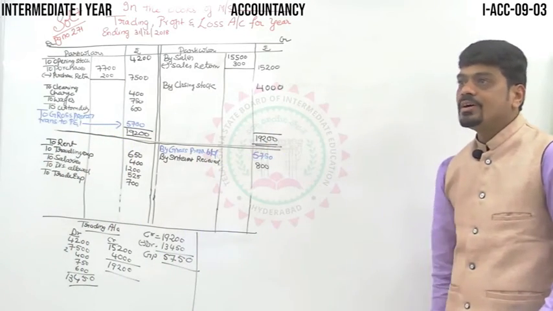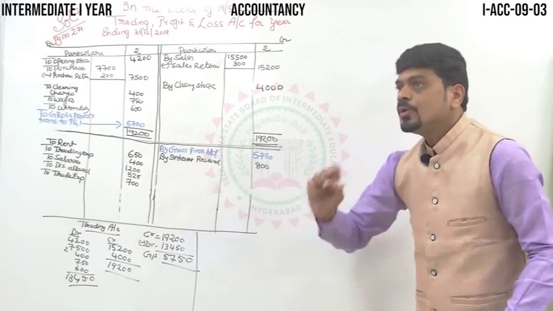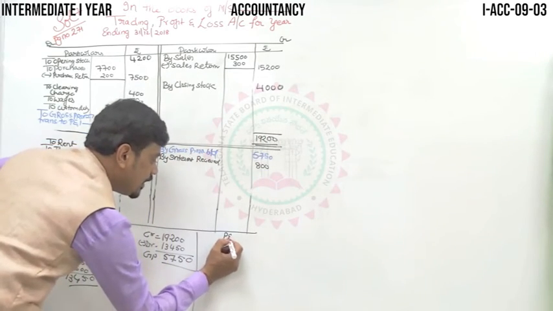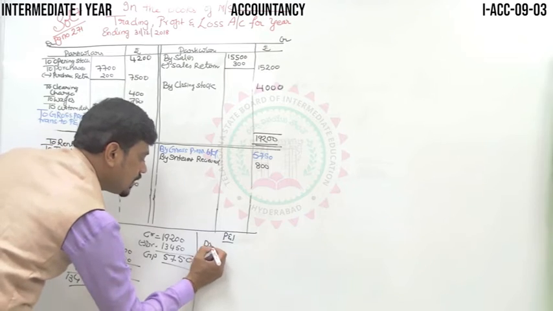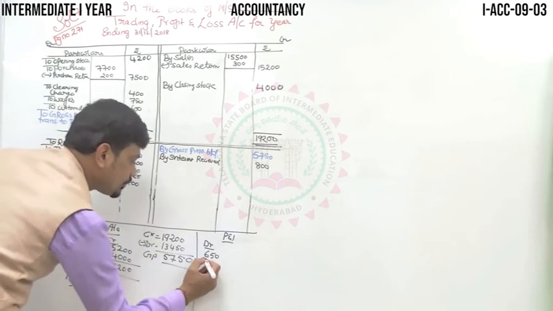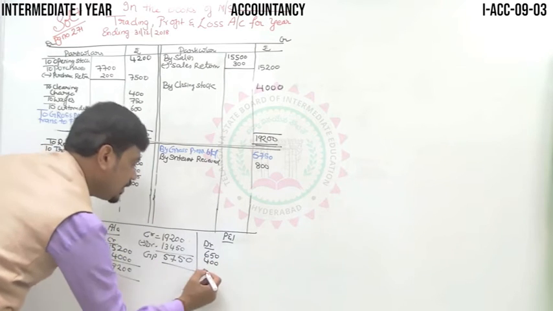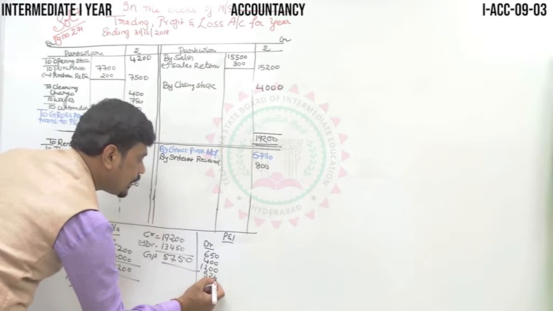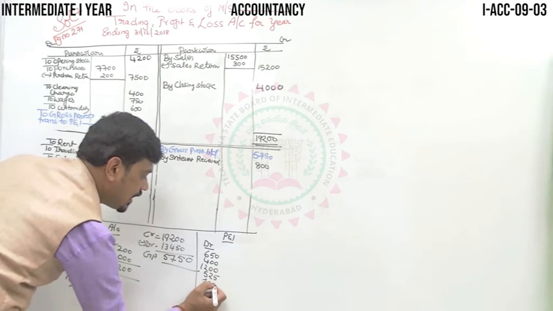Now, second working. That is for which account? Profit and loss account. Again, you can see here, I am writing profit and loss. As usual, debit figures: 650, 400, 1,200, 525, 700.